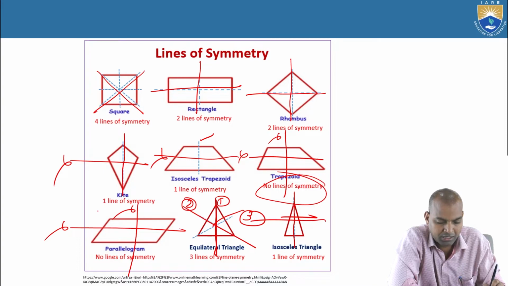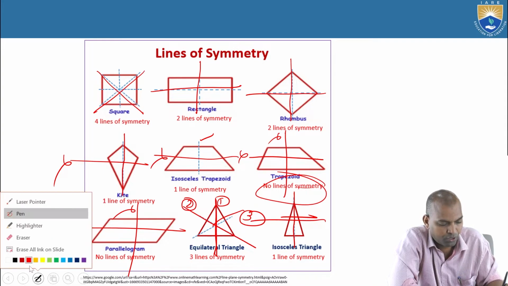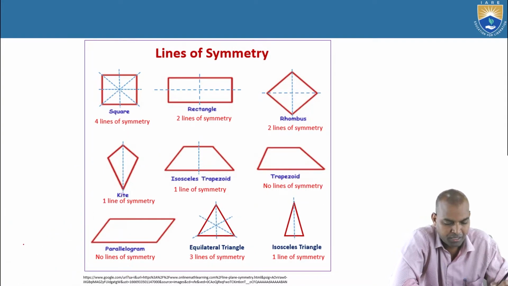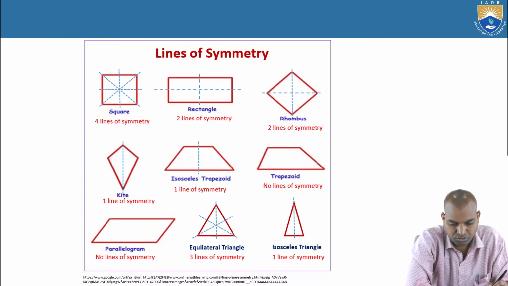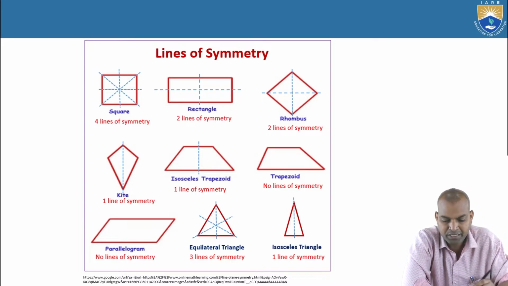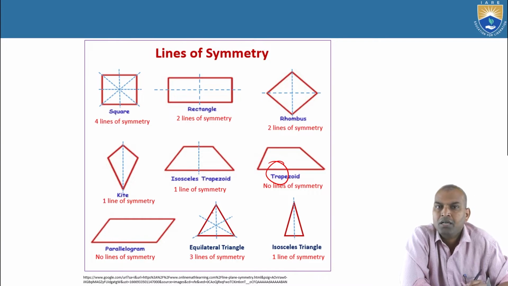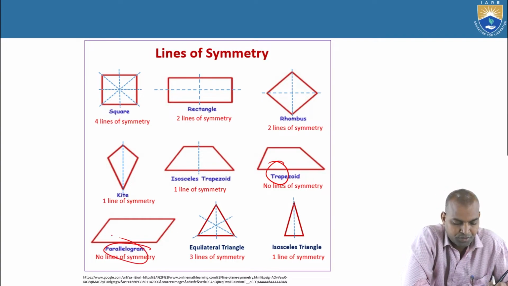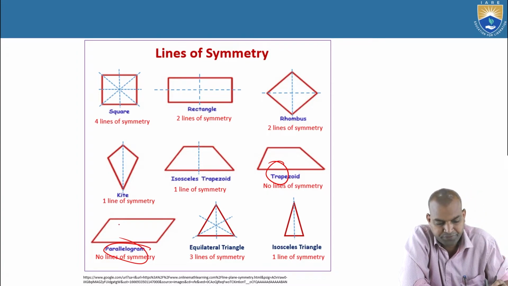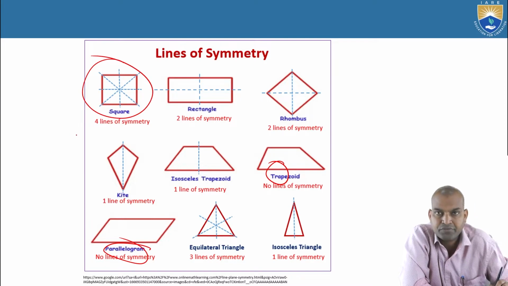That means in these figures, how many are there? There are 2 figures that are asymmetrical. One is the trapezoid, another one is the parallelogram. No lines of symmetry. And for the 4 lines of symmetry, only one figure, the square, has that facility.